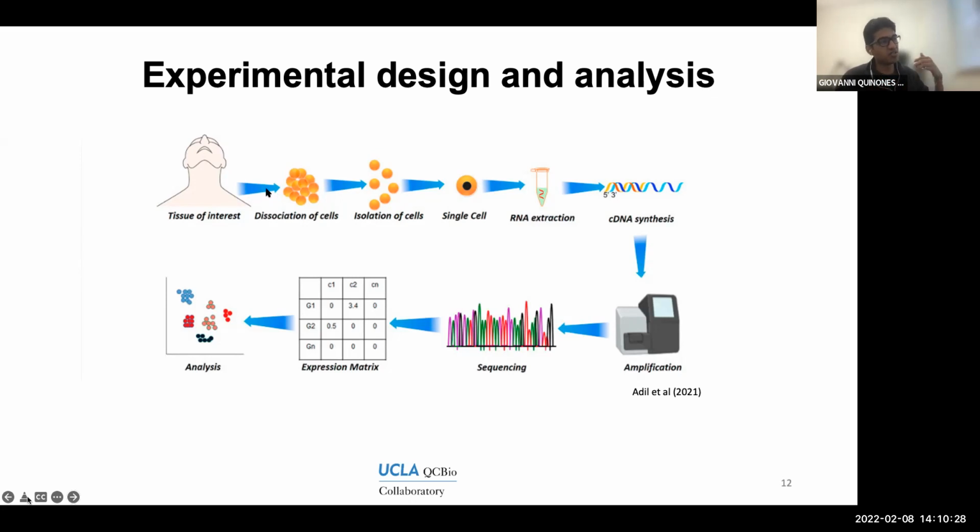Another approach is using chelating agents, which when incorporated in solution will result in the separation of these extracellular proteins.